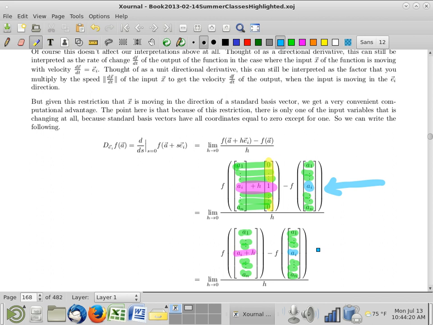Okay. Now, the upshot of this is really, really nice. The upshot is that if I want to compute this unit directional derivative, there's a further special case where this, again, is a standard basis vector. In that very special case, I can treat all of the variables except for one as if they are constants.